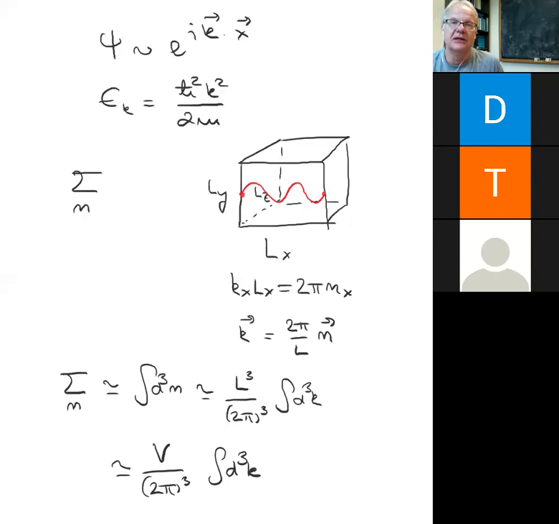Clayton, I think you can just step in. Yeah, so I was just going to ask, what is the advantage of working in k space instead of n space? Well, roughly speaking, because I diagonalized my Hamiltonian and I wrote the energy eigenvalue in terms of k. If you wish, I could have expressed the energy eigenvalues in terms of n and just never switched.